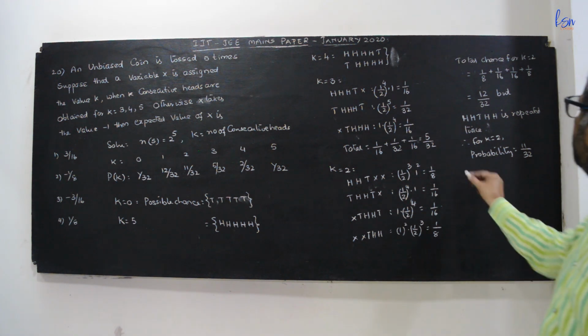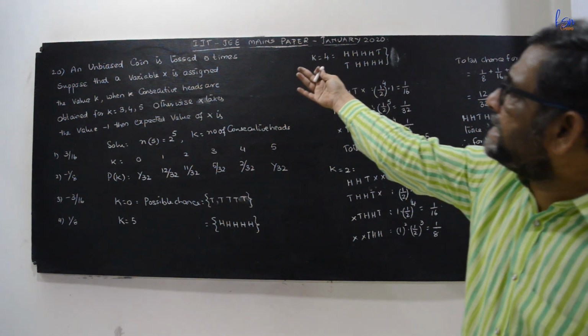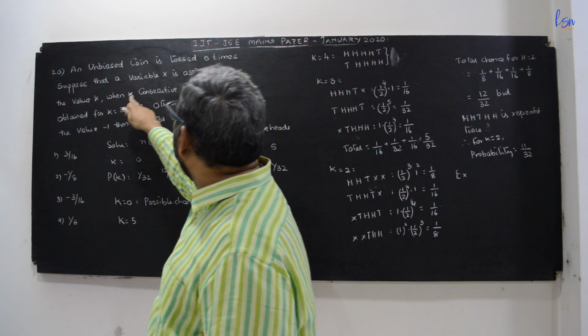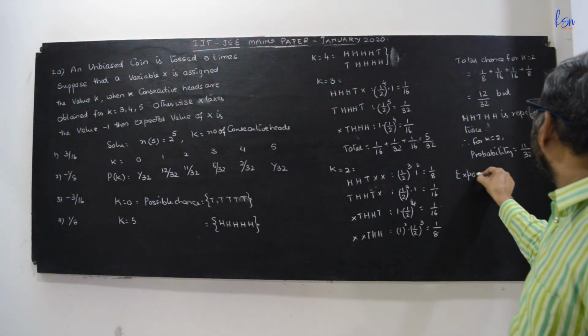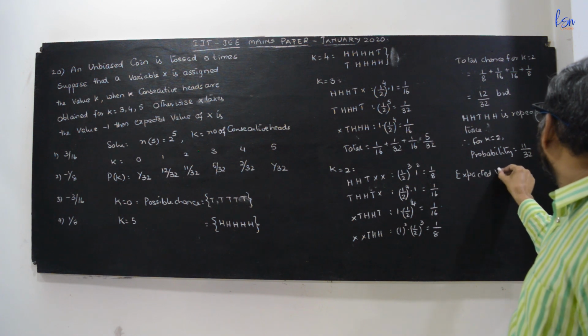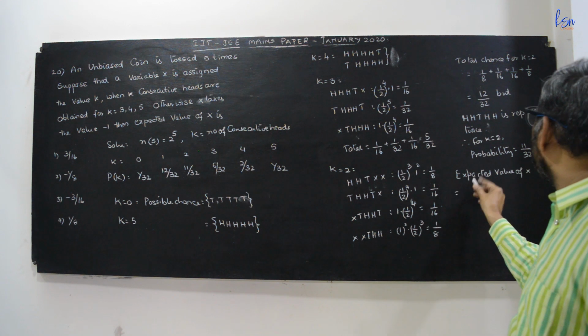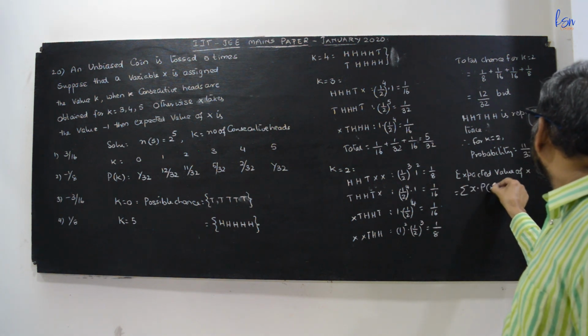Now here, the expected value of x. What is meant by x? Suppose that a variable x is assigned the value k when k is considered, x is obtained. Expected value of x is equal to sigma x into p of x.